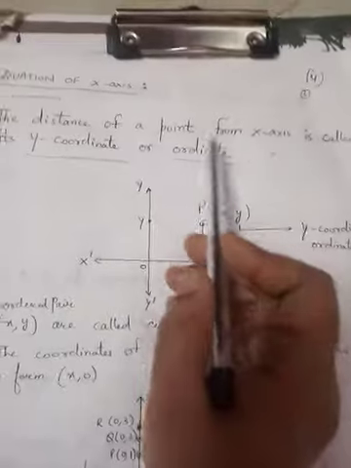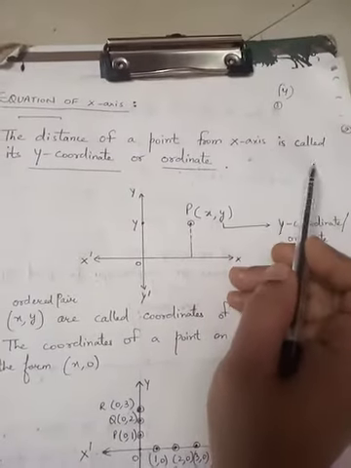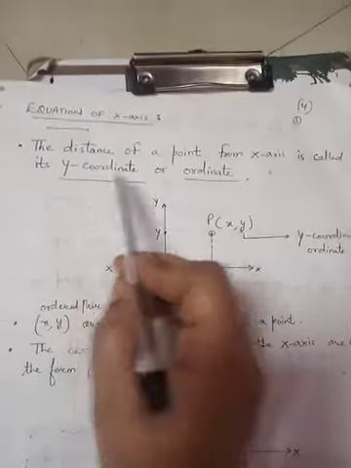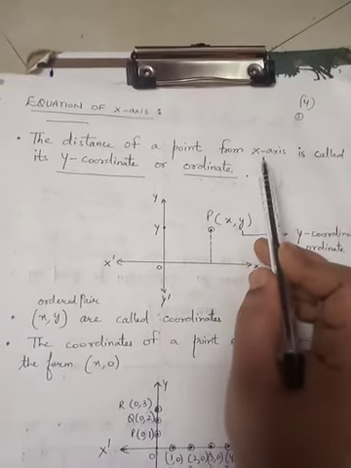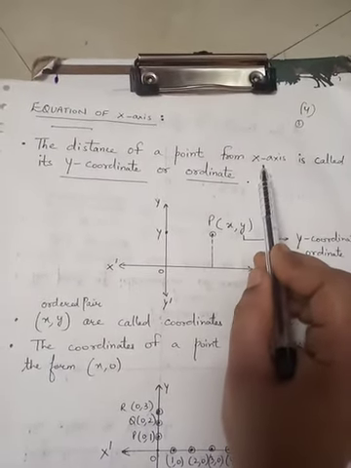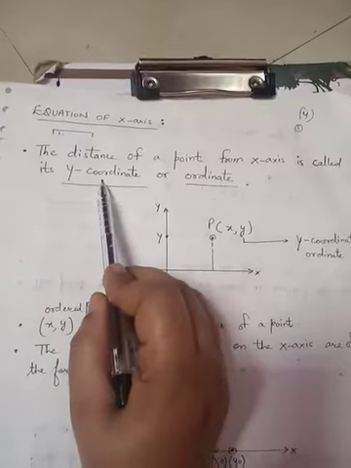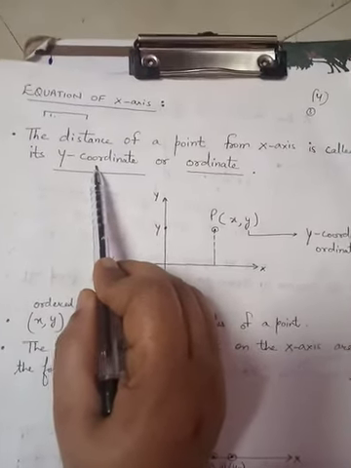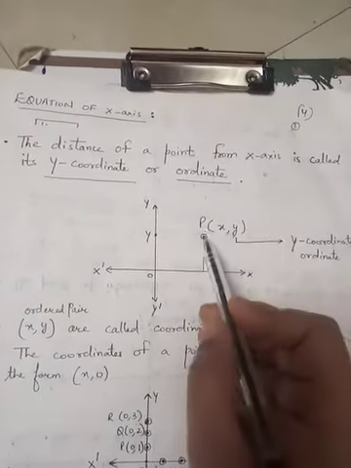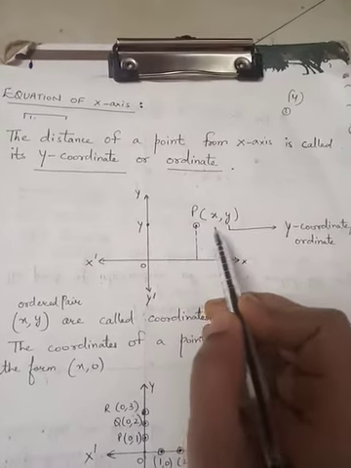Now, the distance of the point from the x-axis is called the y-coordinate. You are observing that when we say the distance of the point from the x-axis, the coordinate will be the opposite one, that is your y-coordinate.